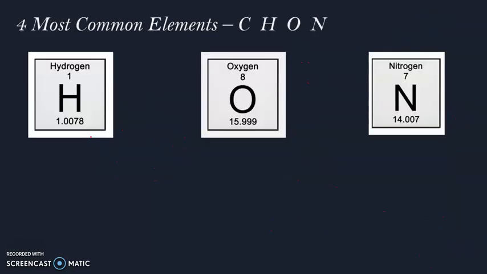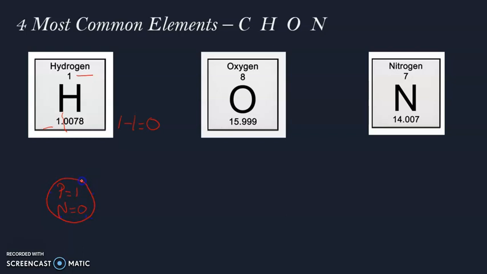Let's take a look at some others. Carbon is one of the most common elements in all living things. The top 4 are carbon, hydrogen, oxygen, and nitrogen. Let's take a look at what they look like. Hydrogen has 1 proton. Its mass rounds to 1, so 1 minus 1 is 0 neutrons.